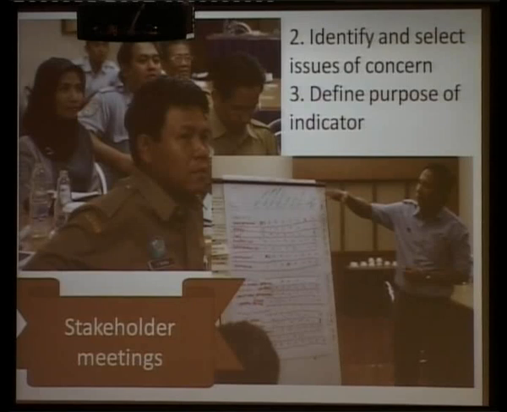So we did a stakeholder meeting. One of the purposes of the meeting is to develop a sensitivity matrix. I show the picture here. In the matrix, we ask stakeholders to identify what is a potential risk or insecure condition, and what kind of disaster will create this insecure condition.